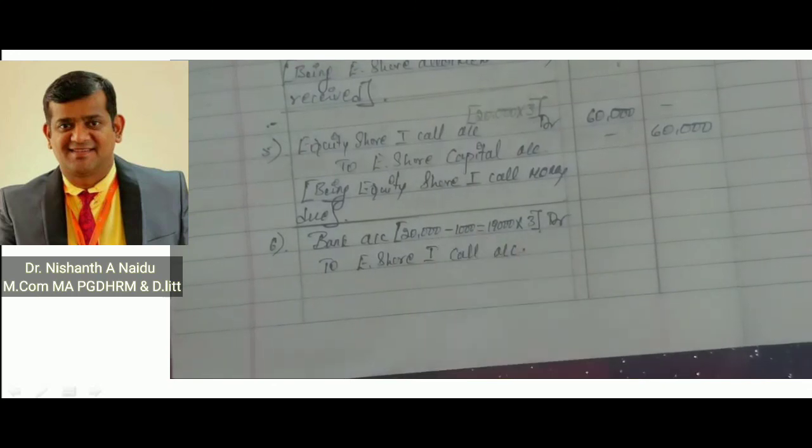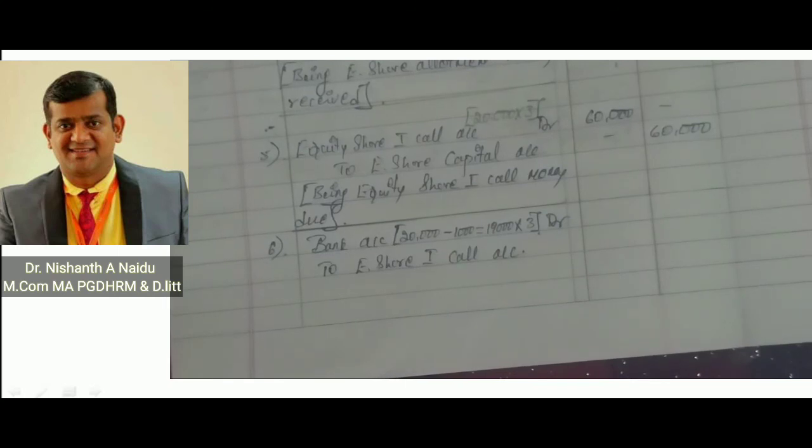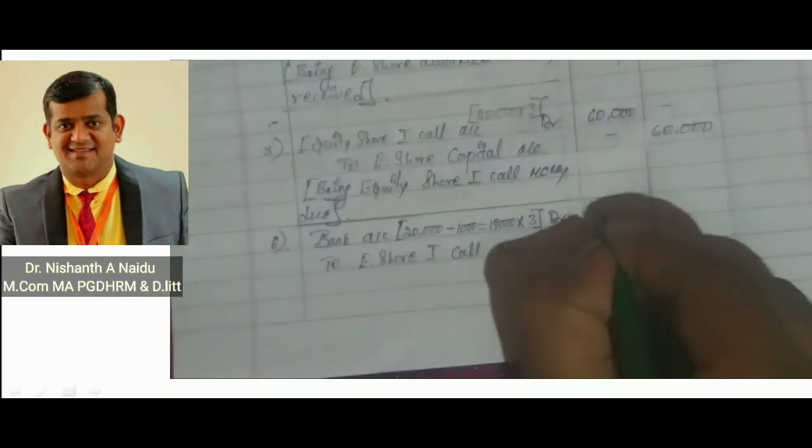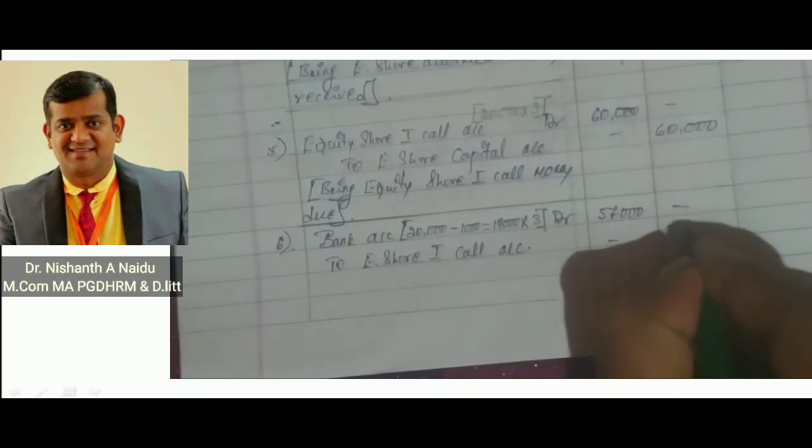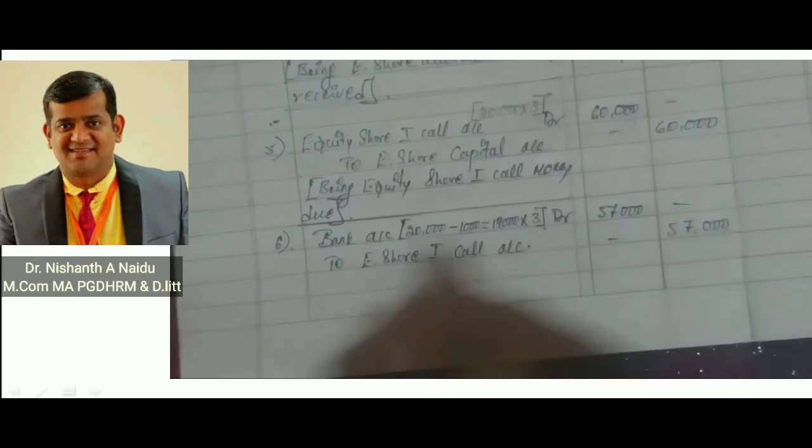So that comes to 19,000 shares. So 19,000 shares at rupees 3 I am receiving. So I am receiving 57,000 rupees. 57,000, 57,000. Okay.